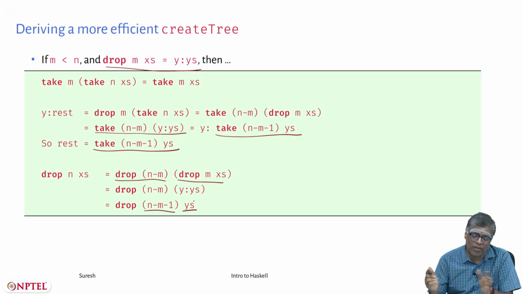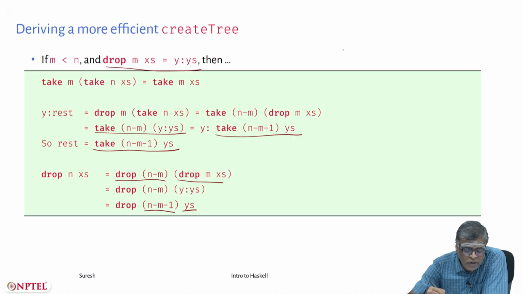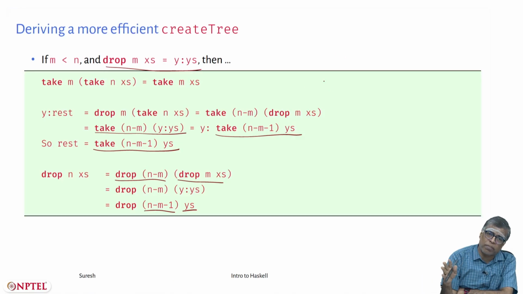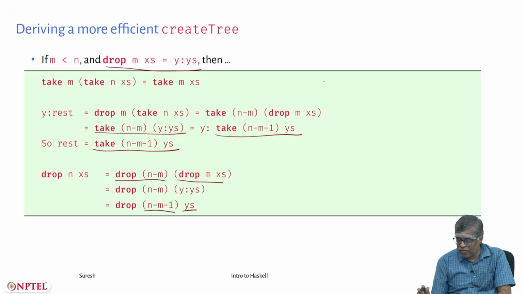Okay, so now what have I done? I have expressed everything in terms of take and drop of n minus m minus 1 on y's. So let us see if this helps.